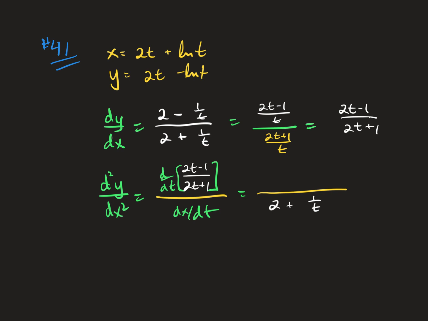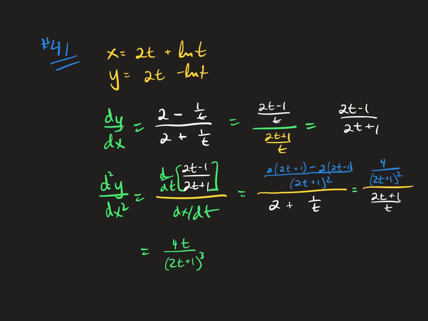So dx/dt is the same as it was last time, and the derivative with respect to t of the first derivative will require either the quotient rule or the product rule. I went with the quotient rule. Well, I've got the second derivative reduces down to 4t over (2t plus 1) cubed.